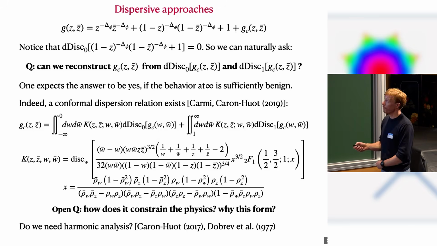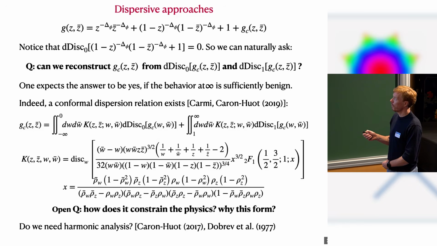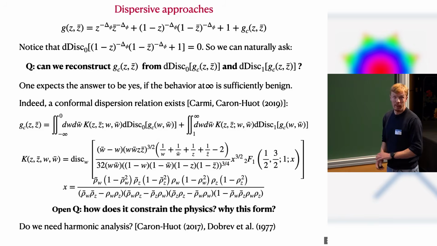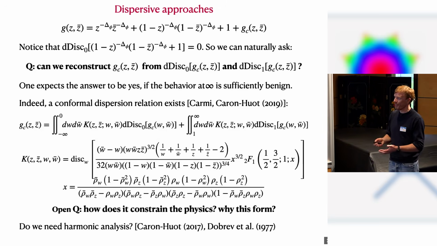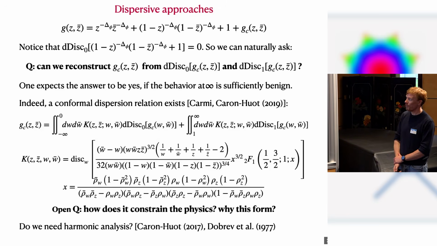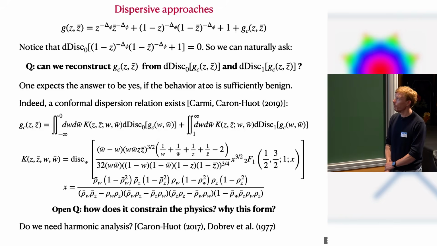You can ask, what if a function has 0 double discontinuity around 0 and 0 double discontinuity around 1? Then roughly speaking, it's analytic around 0, it's analytic around 1, and if it's also finite or goes to 0 at infinity, then there's no room left for any non-trivial function, so you just get 0.